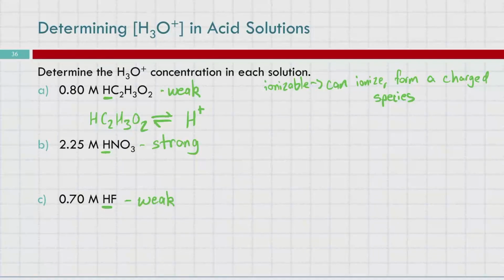It'll separate out, and we will also have the negative part, the C2H3O2 minus. We've only got one ionizable proton, so at max we would have one H plus for every HC2H3O2.